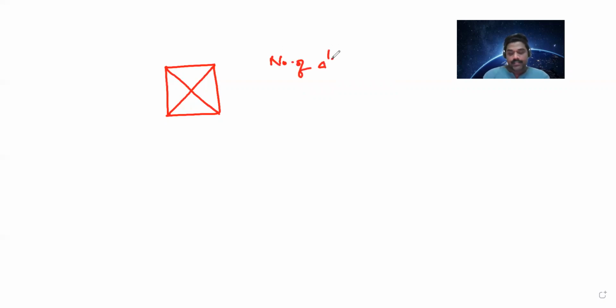Now suppose they give you a square with the diagonals, something like this. If they are asking you to find the number of triangles, all you need to do is count the number of parts, 4 parts, and multiply by 2. So the number of triangles would be 8.